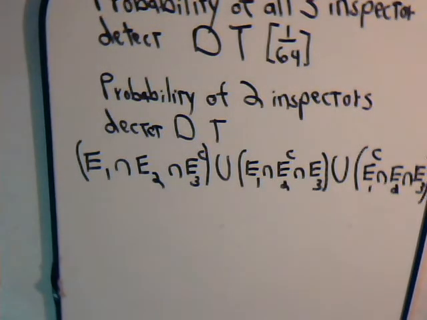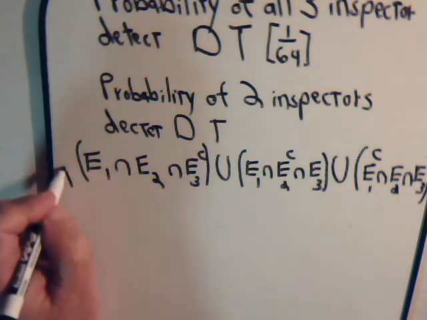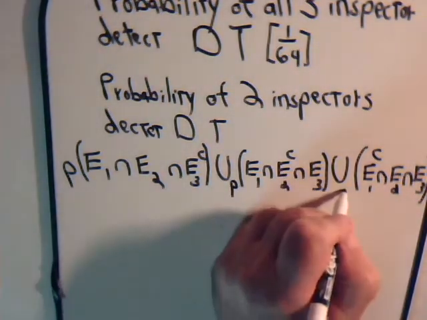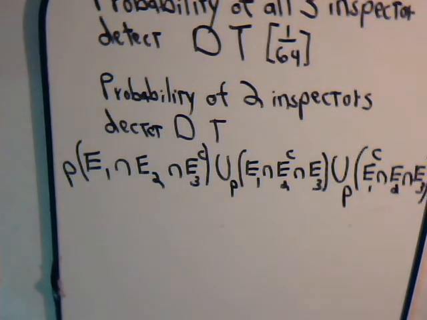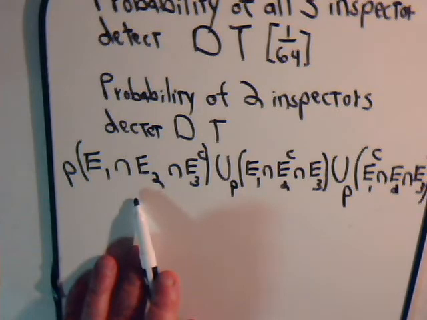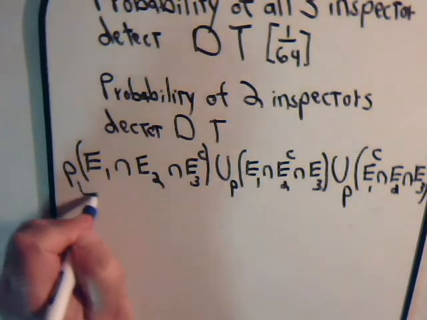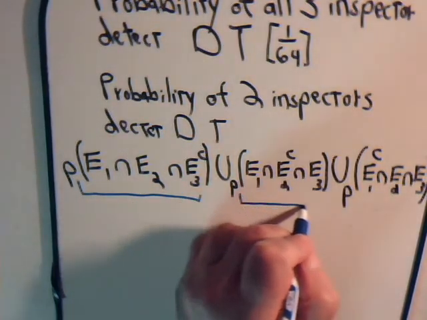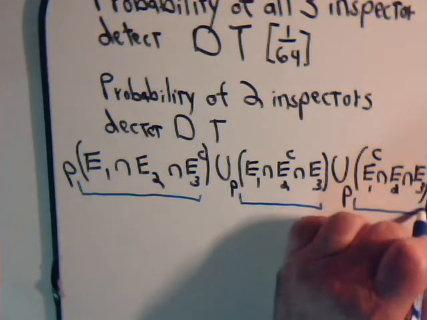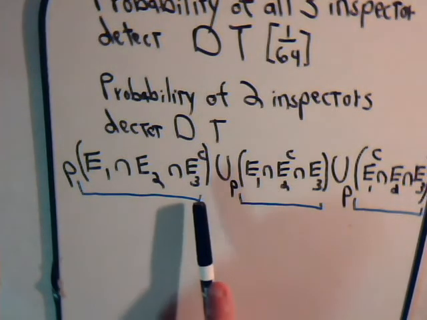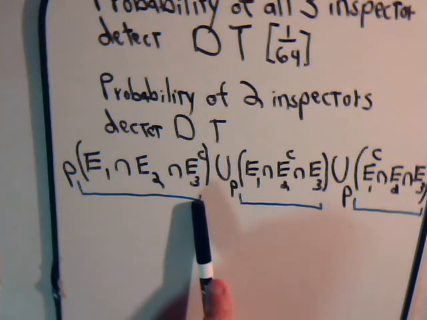Now we want to know what is the probability of this happening. So that would be the probability of this event happening, the probability of this event happening, and the probability of this event happening. So we have 3 different events here. Not only are they different events, but they're mutually exclusive. This one says the third inspector does not find a defective transistor.